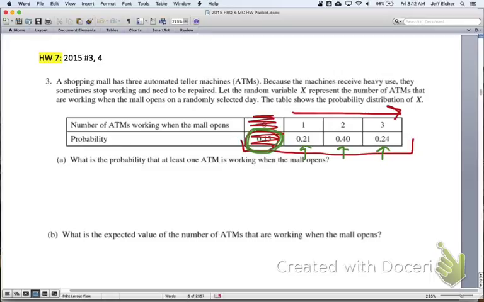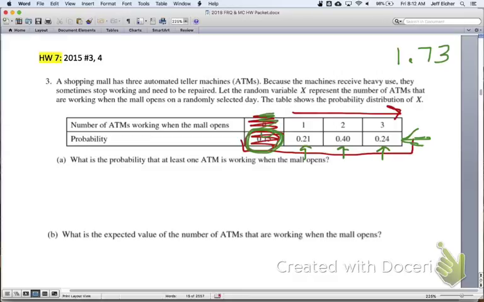So you can imagine if we don't have a 0 case anymore, all of these probabilities now are like your complete total probability for the probability distribution. So imagine if just this 1, 2, 3 was your probability distribution. Each of the probabilities will have to be higher, and it's going to be more likely to find an ATM that's working. So in the earlier answer, we had 1.73 ATMs were working.